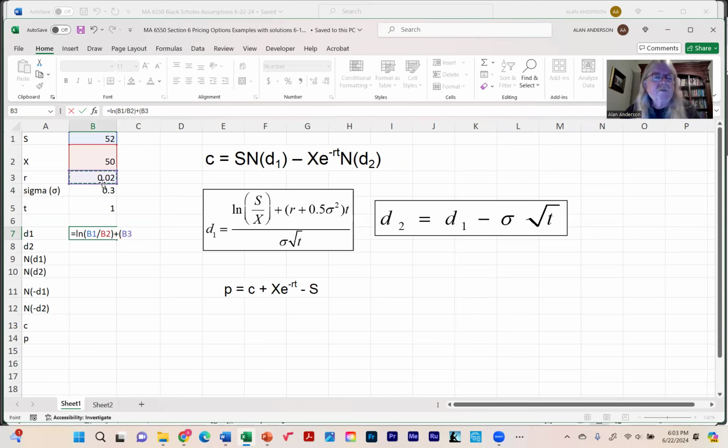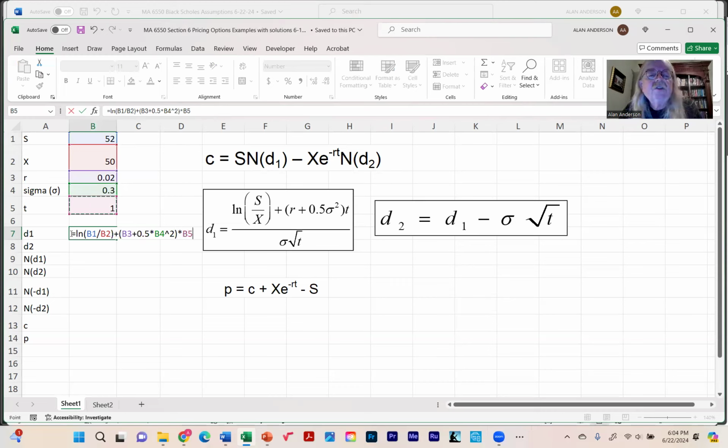R, the risk-free rate, plus 0.5 times. Now here at sigma, we have to square it. With Excel, you're using that caret character. That pointy thing is called a caret. So we shift 6 on your keyboard. We square it. Then all of this has to be multiplied by t.